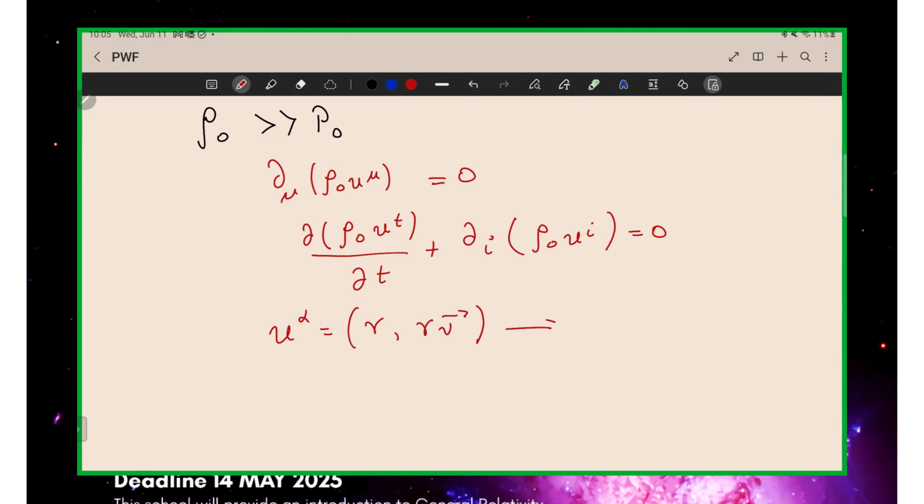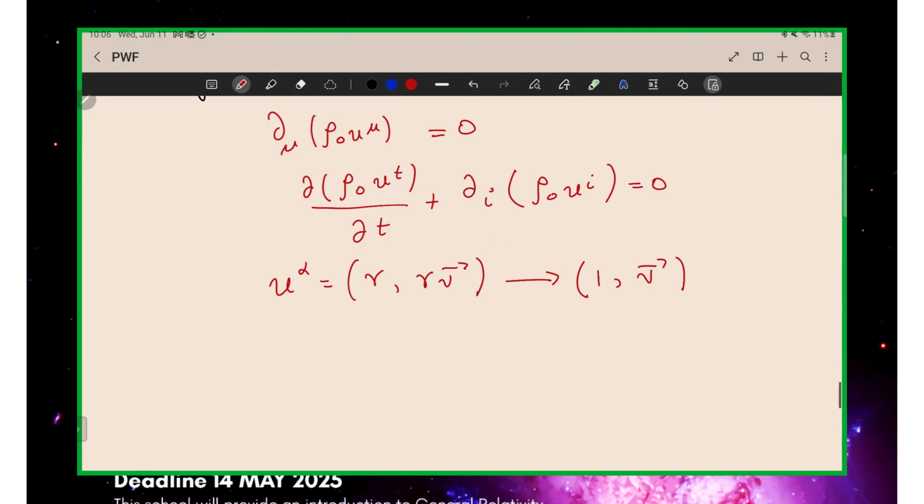In the non-relativistic limit, gamma just goes to 1. And therefore you get this. It means that this equation becomes equal to 0.